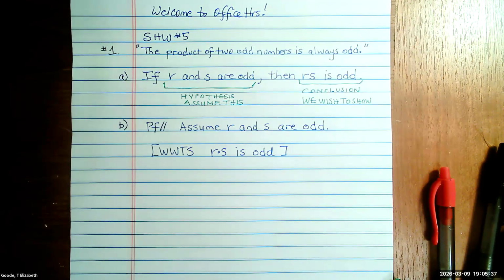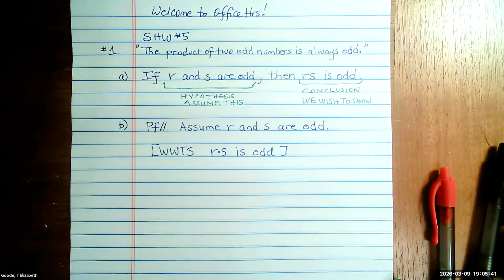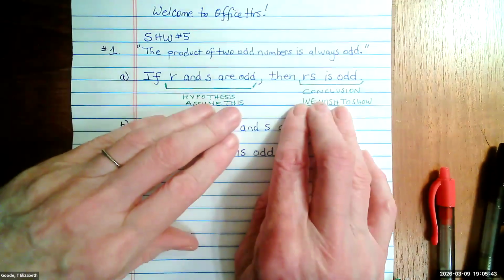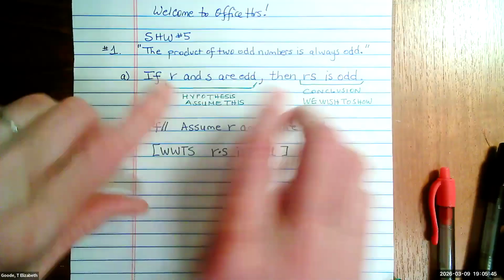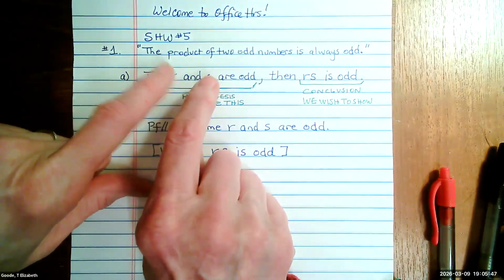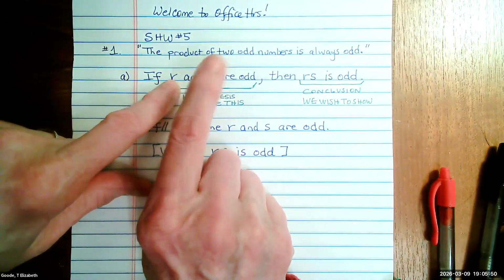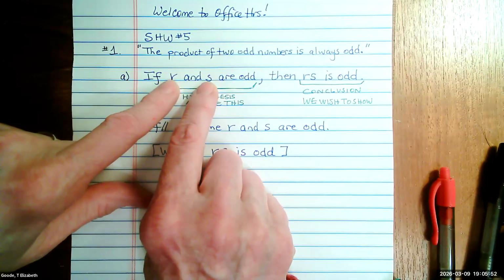But for part A, write the statement as a conditional introducing variables, that was only what you were looking for. Oh, that's actually simple. Right. But once we have this correct, whether you use A and B or R and S or X and Y, that doesn't matter so much.